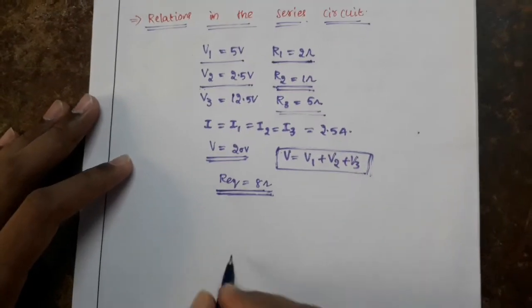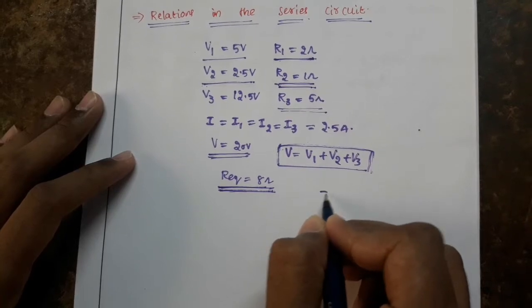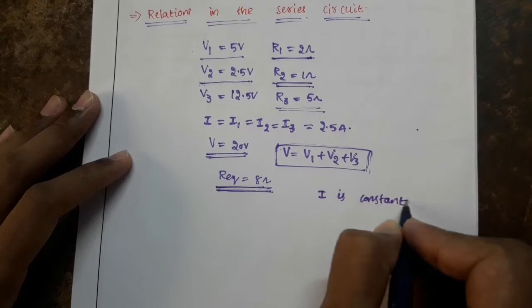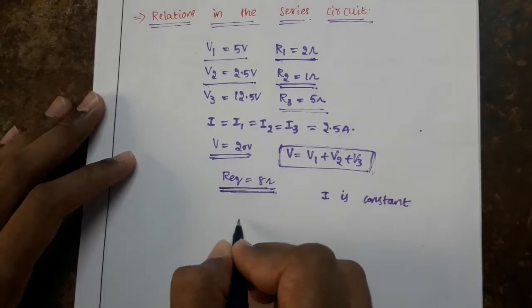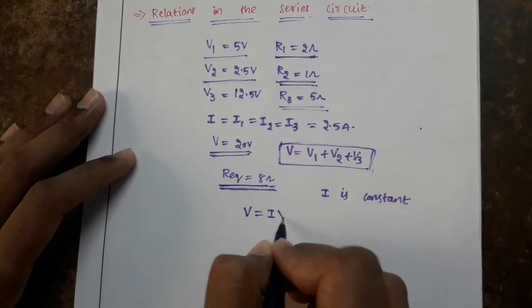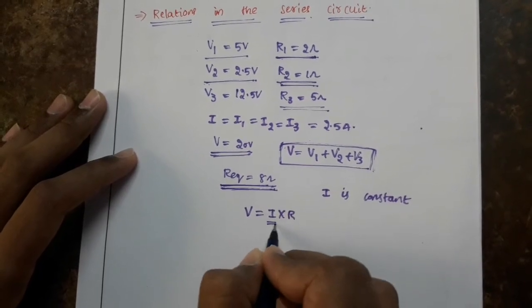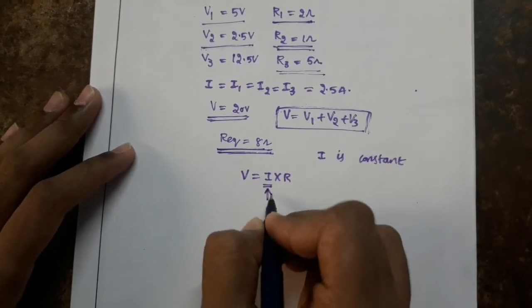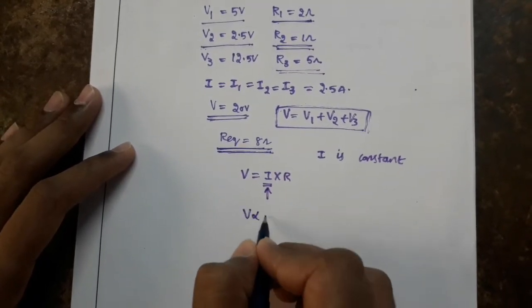This is because we know that in series I is constant. So from the Ohm's law we know V is equal to I into R. This is applied to series circuit. Now I am saying, as the current is constant, V is directly proportional to R.